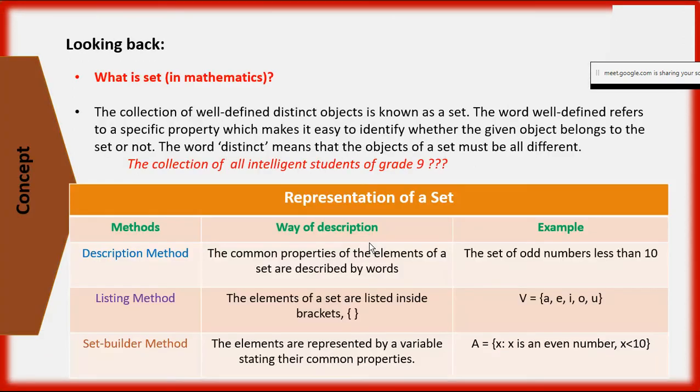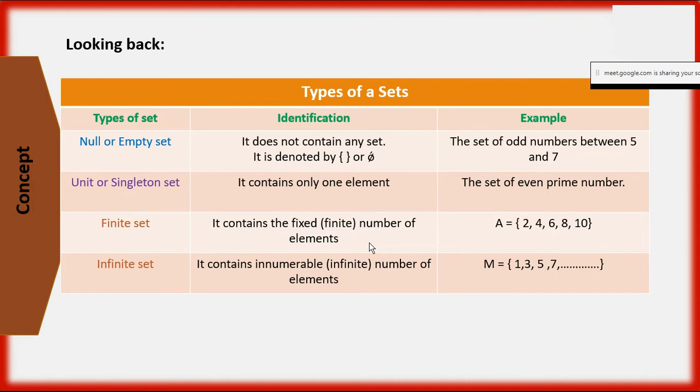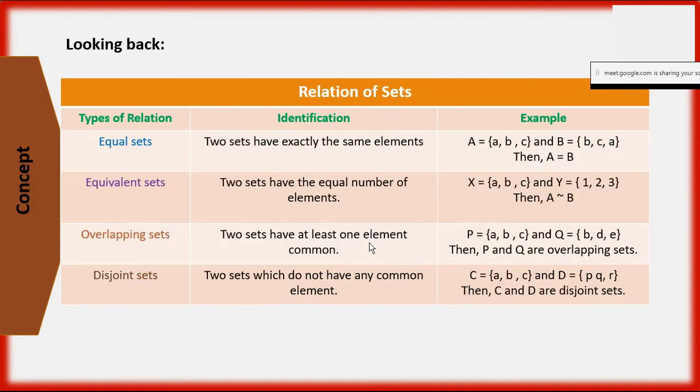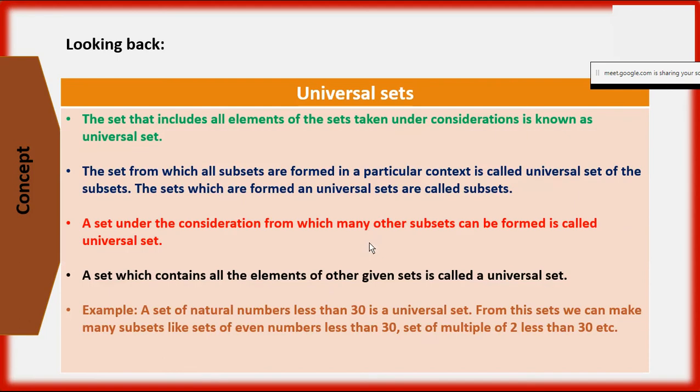Then we went through the definition and representation of sets, and types of sets. Relation of sets we did not discuss in depth because it is already given in junior classes. And about the definition of universal set, different mathematicians give different definitions, which I have already explained.